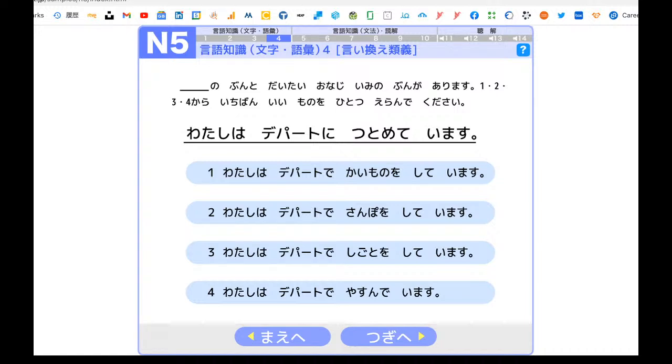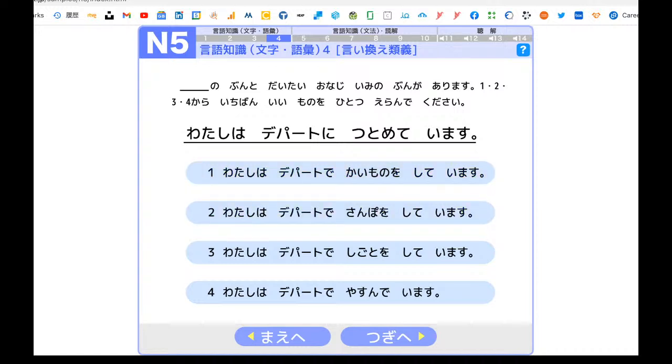1. 私はデパートで買い物をしています。2. 私はデパートで散歩をしています。3. 私はデパートで仕事をしています。4. 私はデパートで休んでいます。So when you take a closer look at these 4 options, 私はデパートで and います, these 3 parts are all common in 4 options.